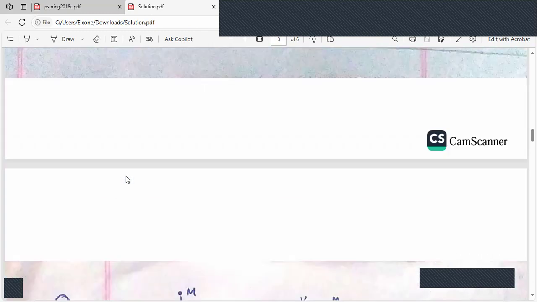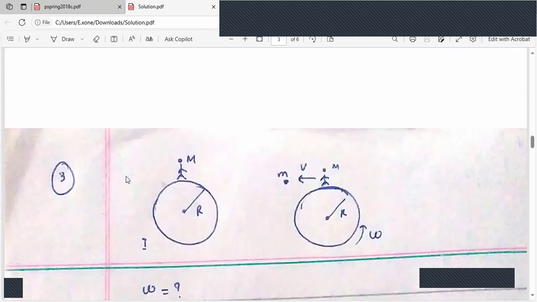So here we have the initial scenario where the girl of mass m is standing on the rim of the merry-go-round, and she throws a rock of mass m with velocity v. So how can we solve this problem?